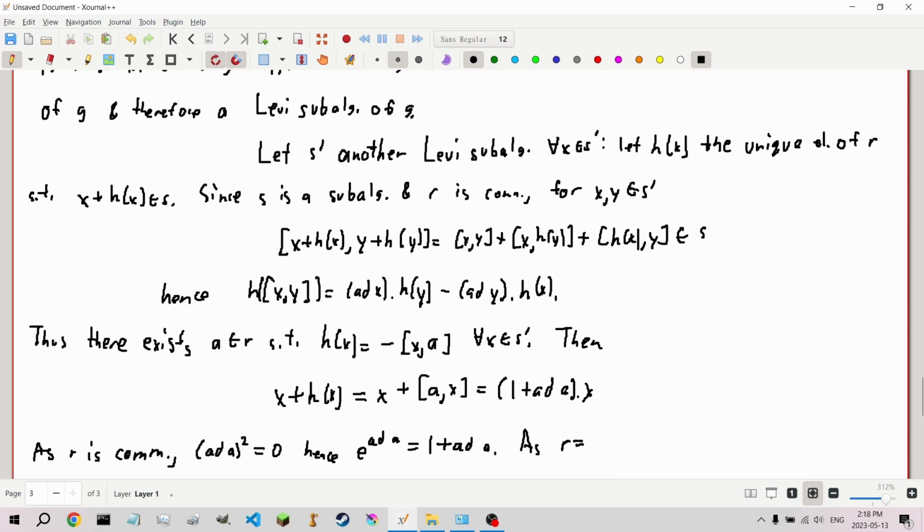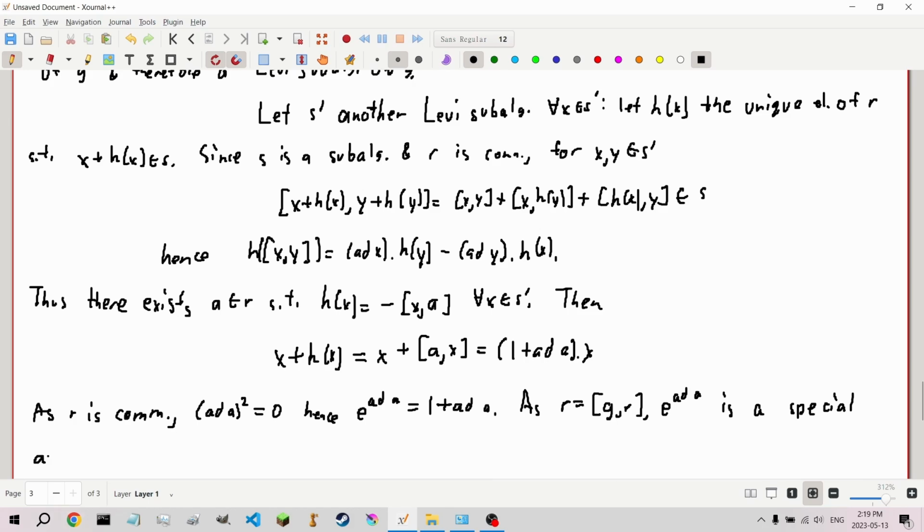The bracket of an element of G and an element of R is in R. We have then that this e to the adjoint of A is a special automorphism of G, and we have that it maps S prime into S. That is case 2 then.